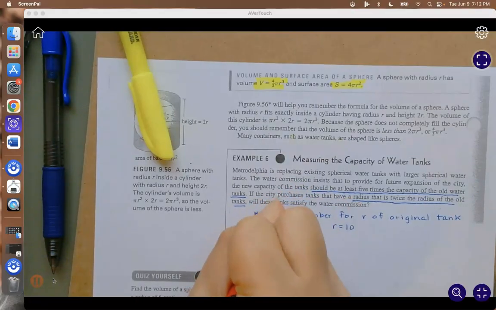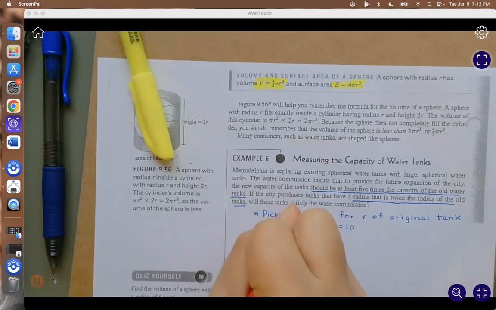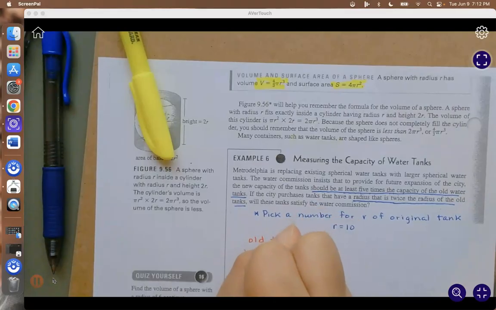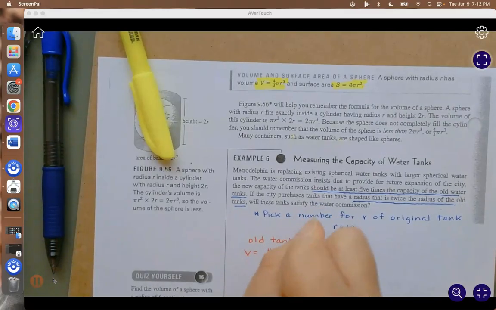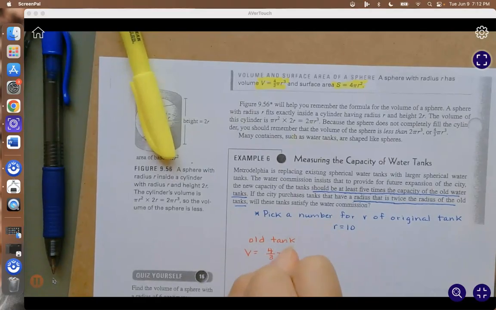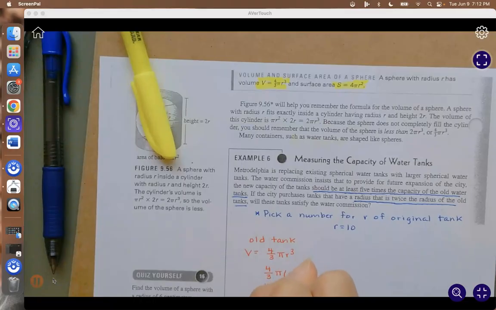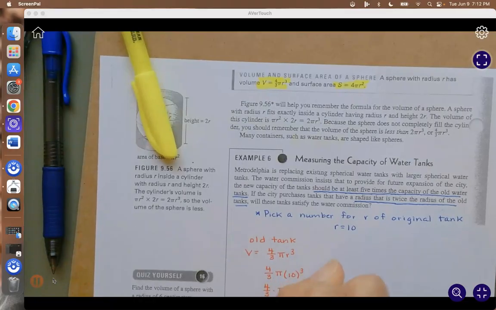So volume is 4/3 pi r cubed. So this is 4/3 times pi times 10 cubed. So this is 4/3 times pi times 1000. When you type that in, you get 4188.79 cubic units, whatever that is. That's the volume of the old tank.